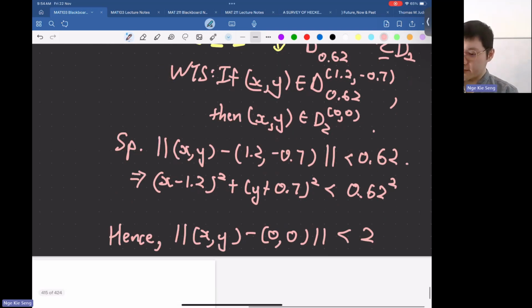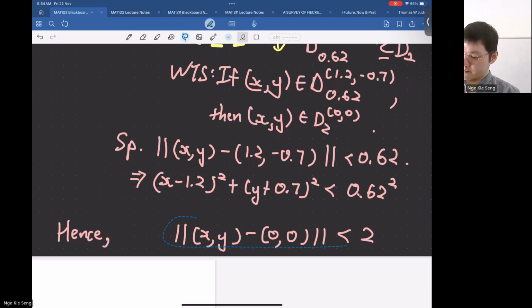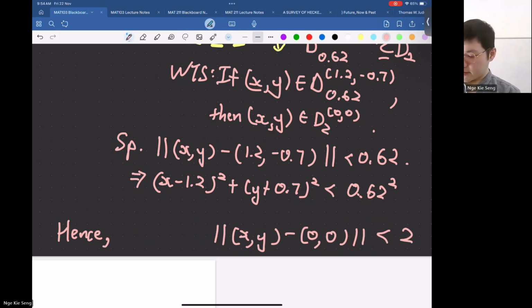So does this imply that x squared plus y squared is less than 4?